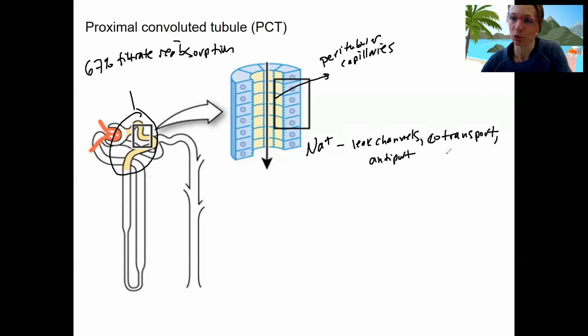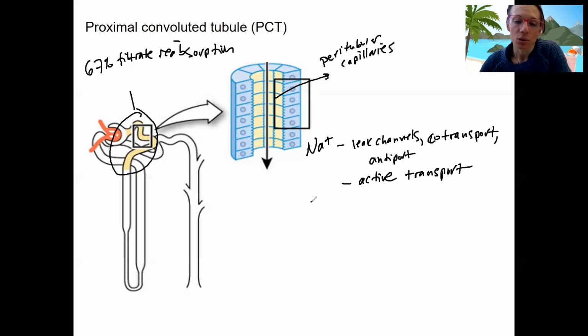So for example, sodium glucose co-transport. On the basolateral surface, we're going to have active transport, our sodium potassium pump. There's a lot of ways to move sodium. It's really important to reabsorb. So we'll look at that.